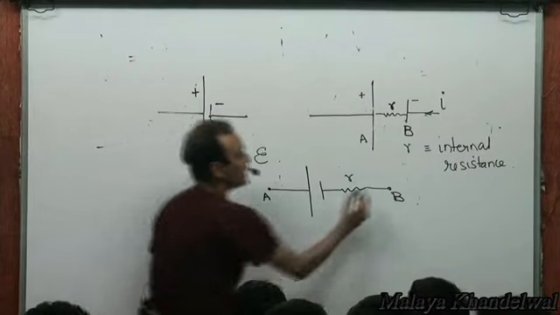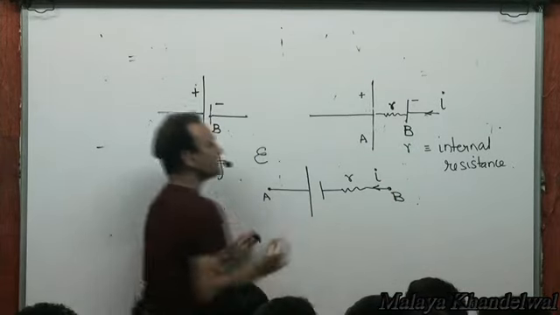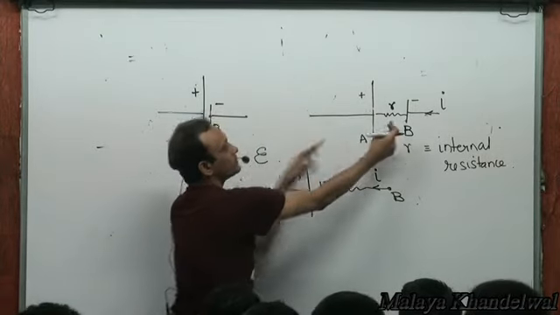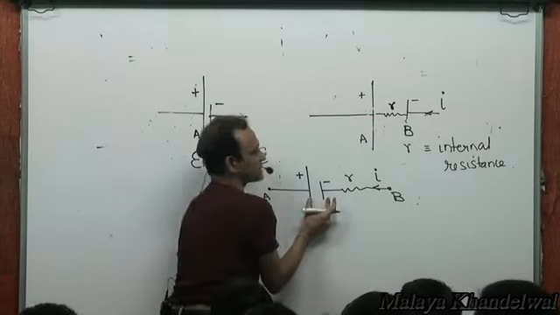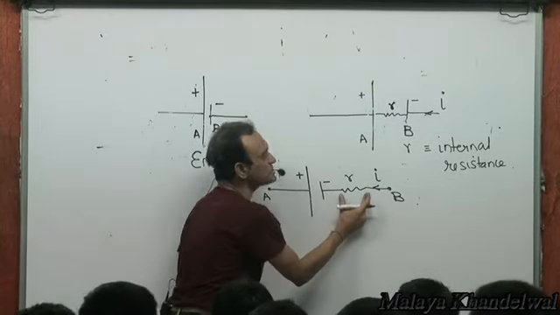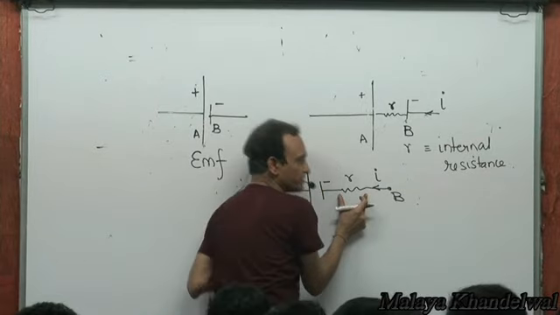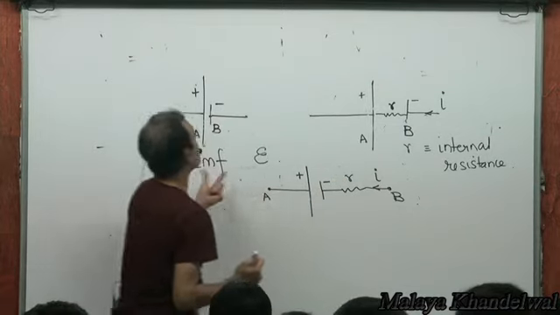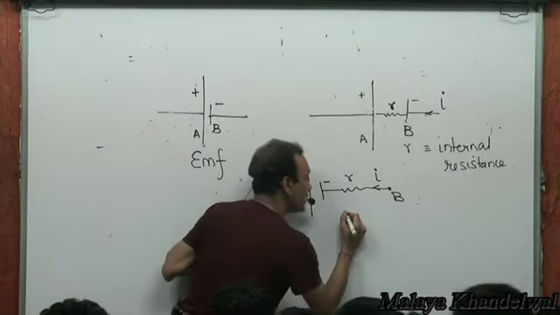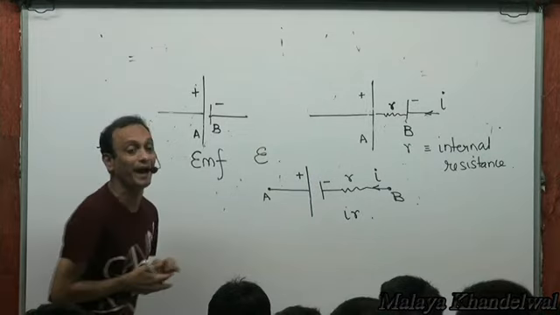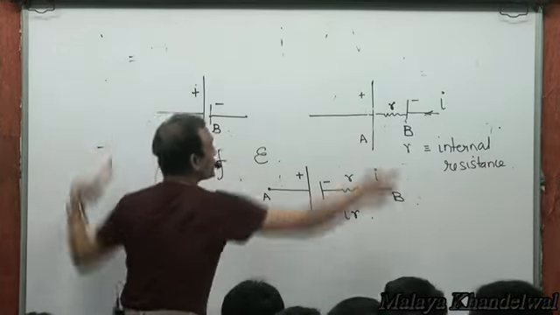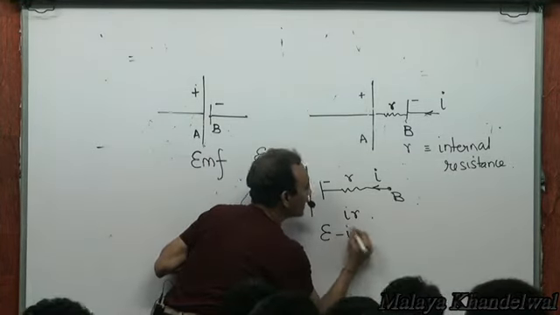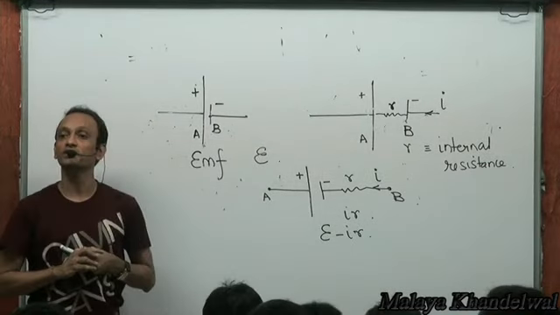If there is a current I flowing through this arrangement from negative to positive, essentially, this entire arrangement could be replaced by terminals which offer no resistance, along with a resistance, placed side by side. Then the resistance consumes part of epsa. An amount I times small r is consumed by the resistance. So what's available to the rest of the circuit is no longer epsa, but epsa minus Ir.